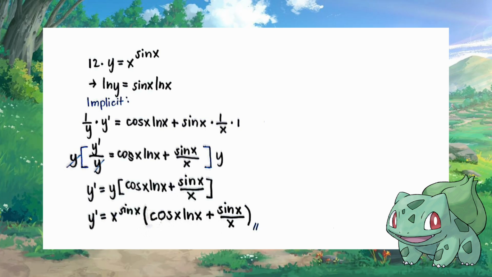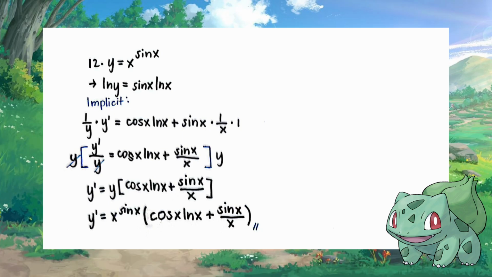For number 12, we're asked to find the dy dx or y prime given y is equal to x raised to sine of x. First, we'll utilize logarithmic differentiation. Our equation will become ln of y is equal to sine x ln of x. Then implicit differentiation, we will get the derivative of both sides.